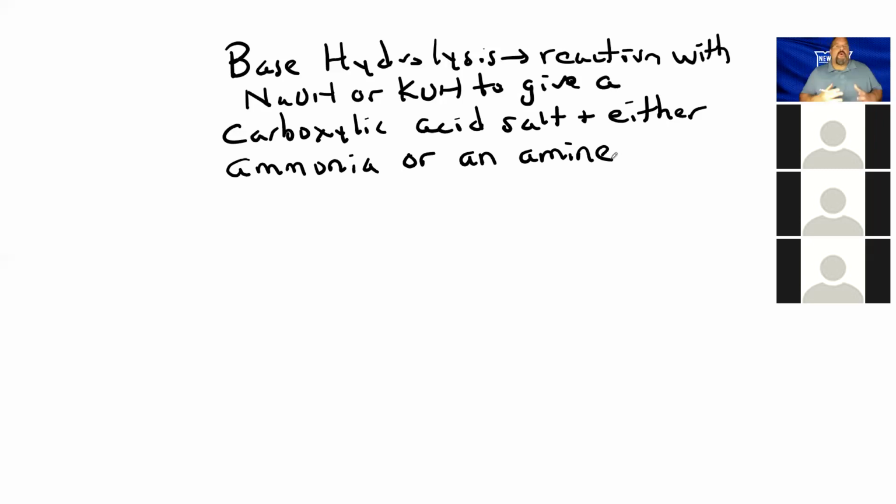Why? Because based on acid-base chemistry, you can have an acid under basic conditions. What happens to a carboxylic acid under basic conditions? You get a carboxylic acid salt. Very similar thing here.